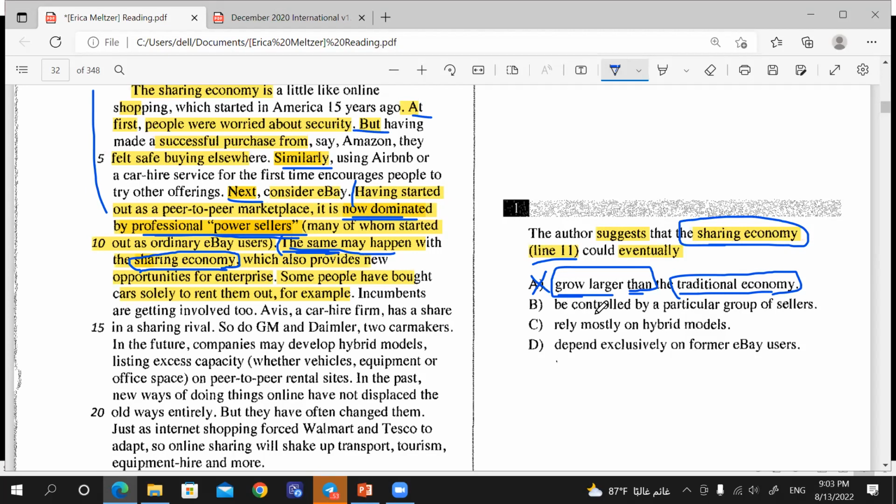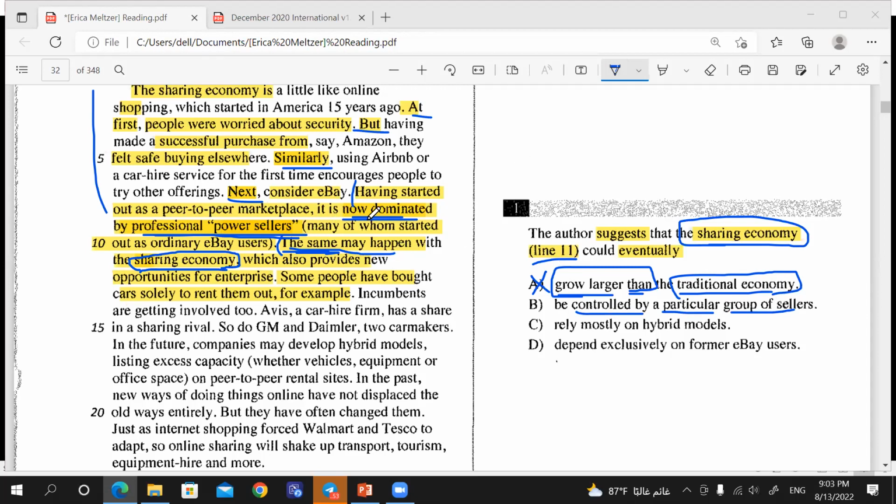Letter B. Be controlled by a particular group of sellers. This part, dominated by power sellers, controlled by a particular group of sellers. What do you think? Yes, Hazen, do you feel like there are synonyms here?